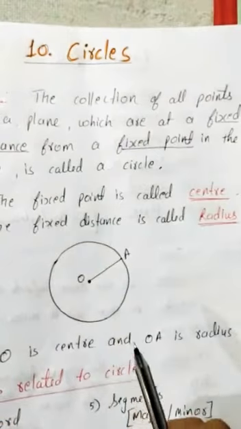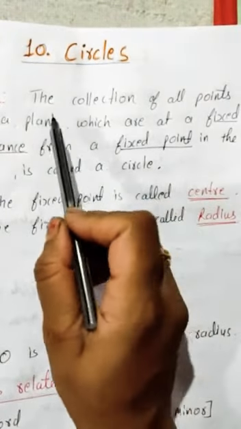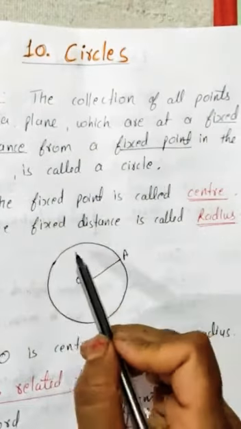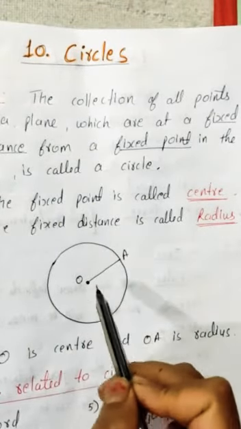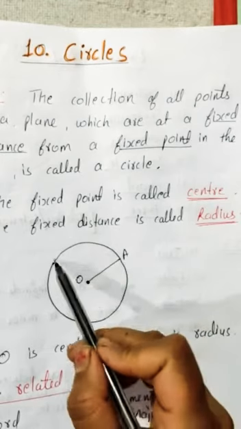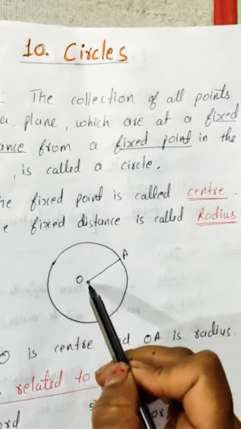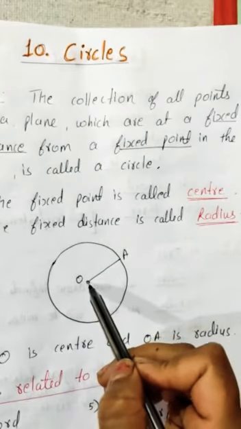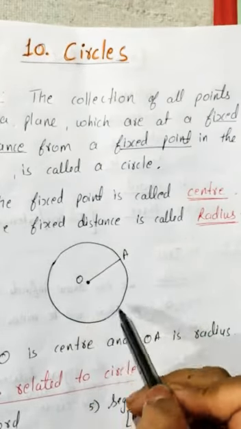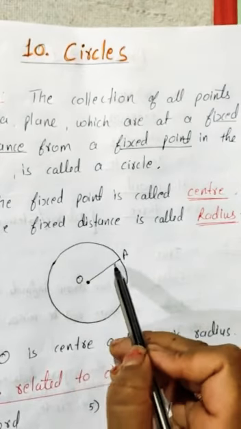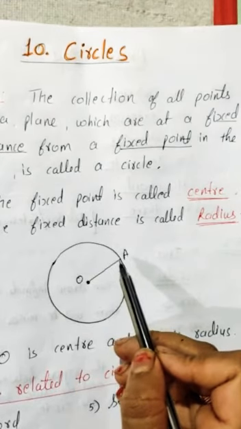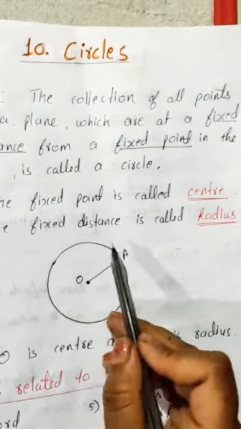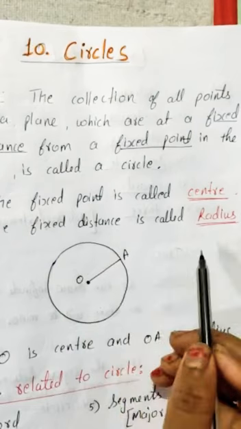So first of all we'll go through the basic definition. What do you mean by a circle? The collection of all points in a plane which are at a fixed distance from a fixed point is called a circle. The distance is fixed, you cannot change it, and the figure so formed by the collection of all those points is called a circle.